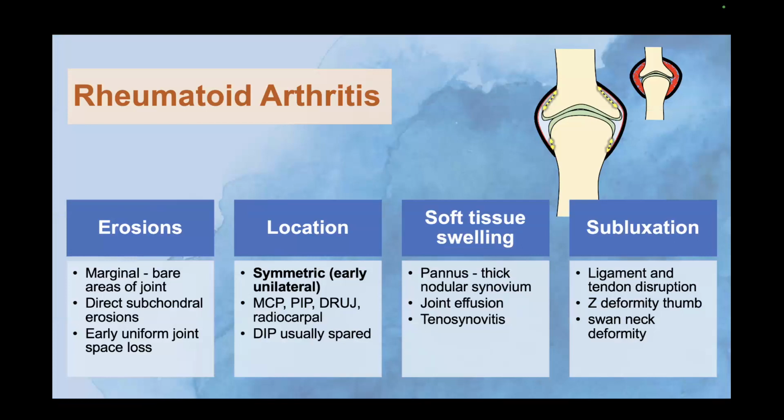Classically, the erosions are at the margins, and as in the original cartoon diagrams, that's occurring where you get the bare areas where the bulky pannus and synovitis is rubbing up against that bare area of bone, causing the erosion. And these are also quite prone to subluxation because of the ligament and tendon disruptions associated with the joints. You get deformities, so classically Z deformities or swan neck deformities.